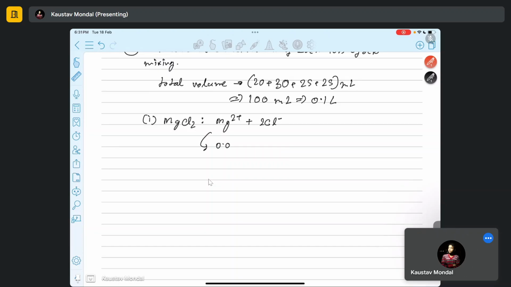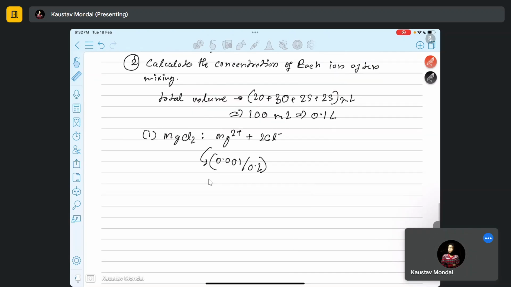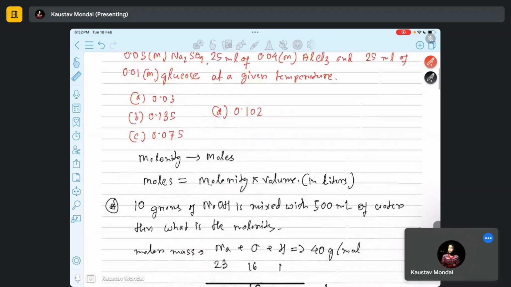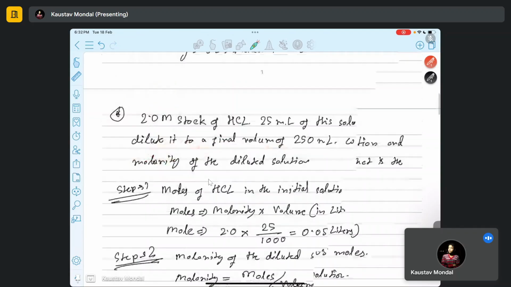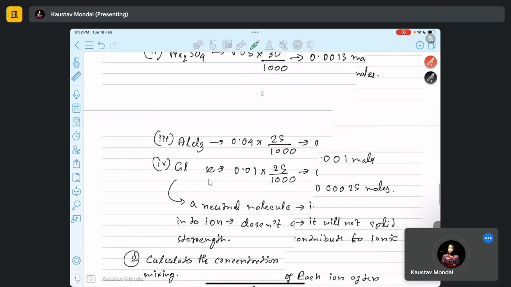The concentration is 0.01 divided by 0.1, right? Because now we are converting moles into molarity. Molarity will be moles by volume, right? So we are doing this here actually.